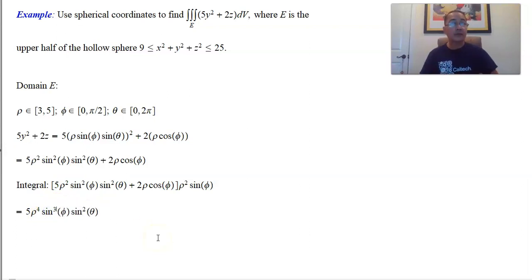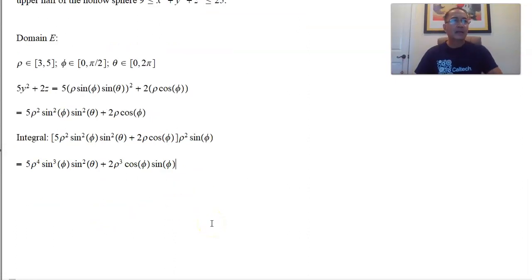So don't forget to change that. And then what about the other one? We need plus 2 rho cubed, so we will have cosine phi sine of phi.